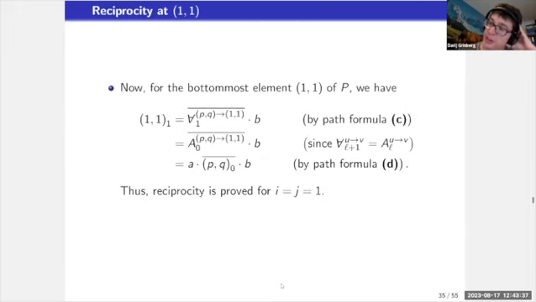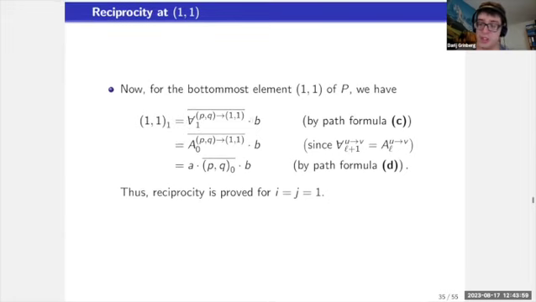So not very much has been done yet. However, we are already in good shape because we can already prove reciprocity in one case. We can prove that the value at the bottom of a rectangle after one iteration of row motion equals the reciprocal of the value at the top of the rectangle after 0 row motions, reciprocal and with A and B. What you do is you apply the two path formulas.